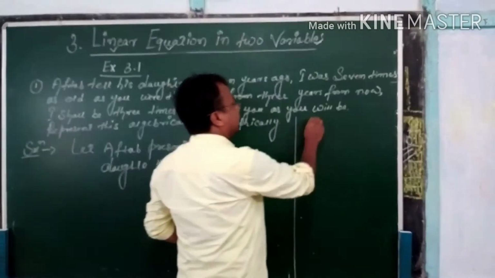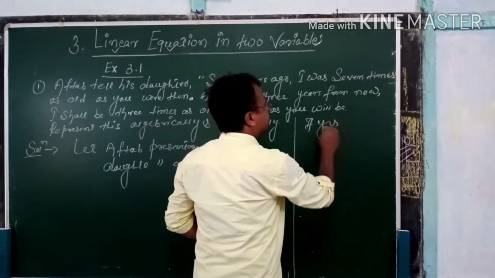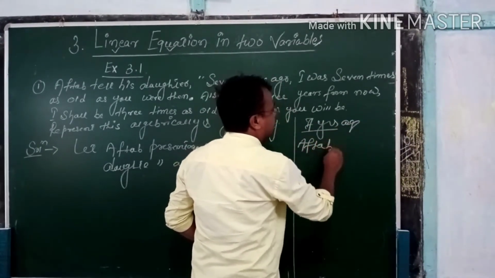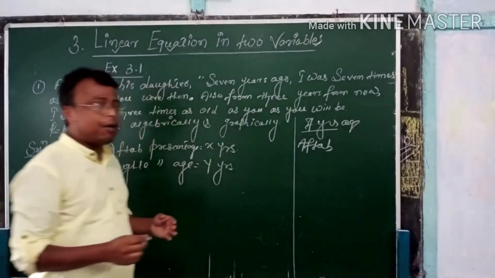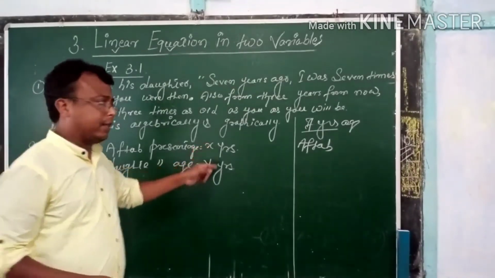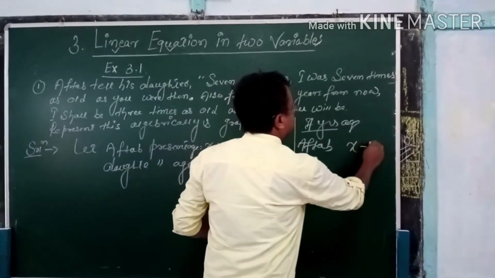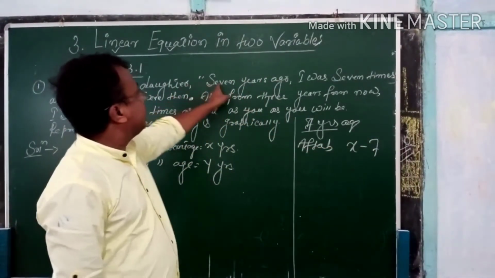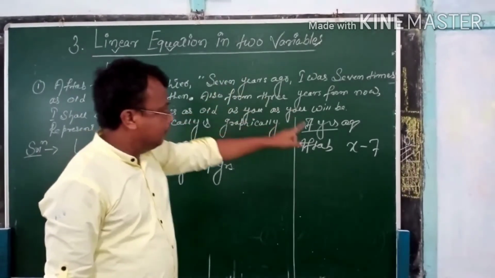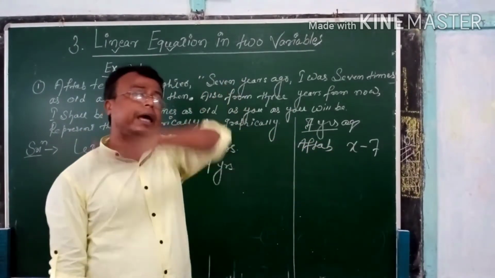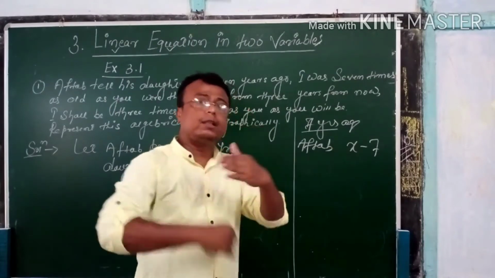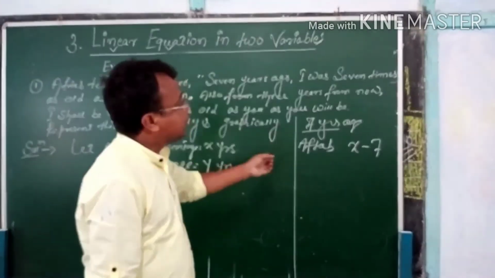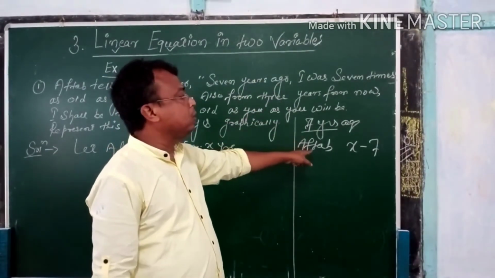Aftab's present age is x, so x minus 7. Where did this 7 come from? This 7. And this minus sign: if it is ago, you use minus, and if it is after, you use plus sign.